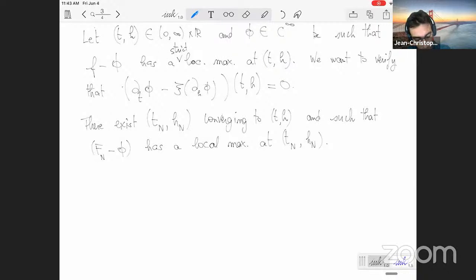Okay, and recall also something that we proved last time: d_t f_n minus xi of d_h f_n is bounded by C over n times the second derivative.